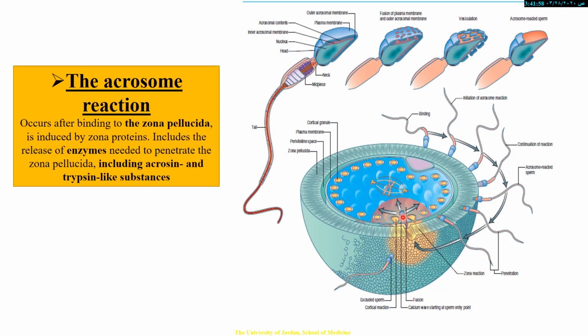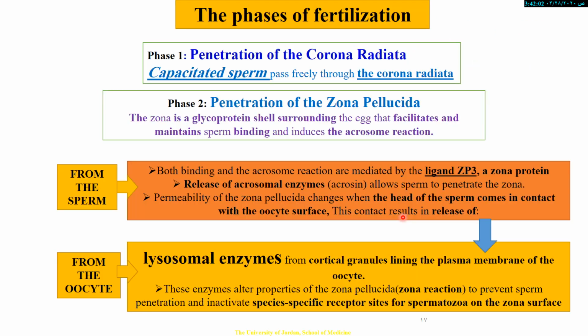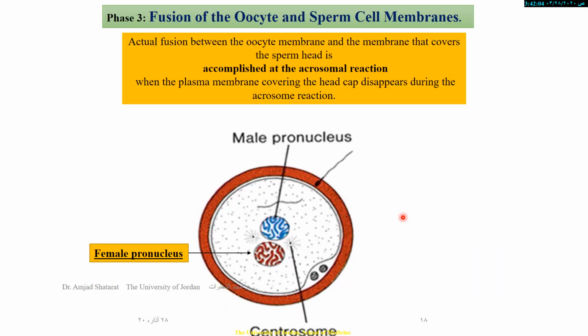Of course, other supportive mechanisms would also be there, but the tail would be lost because we don't need it. The sperm does not need it anymore. It was needed to move from the deposited area until it reaches the ampullary part where the fertilization takes place.